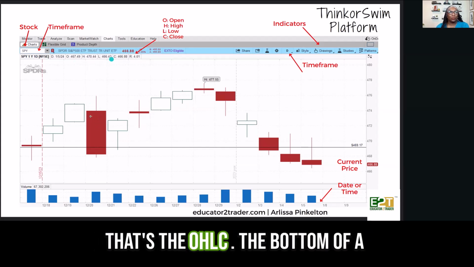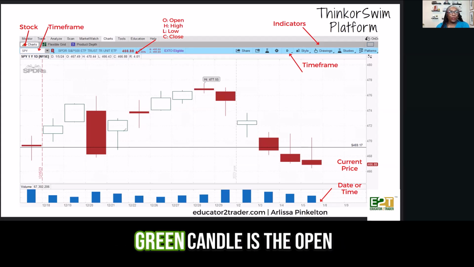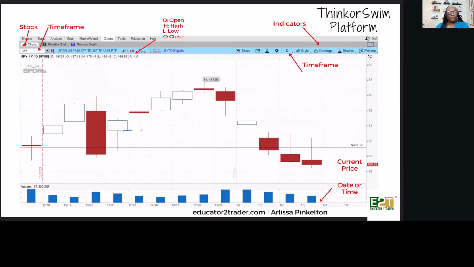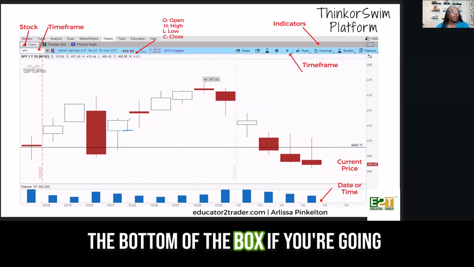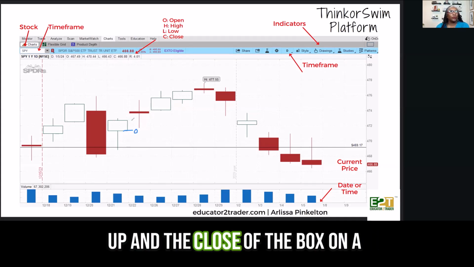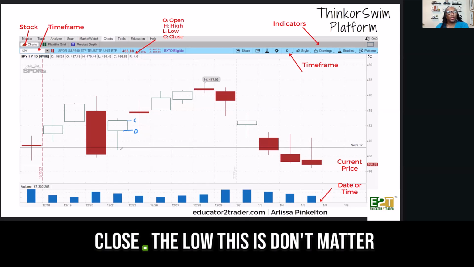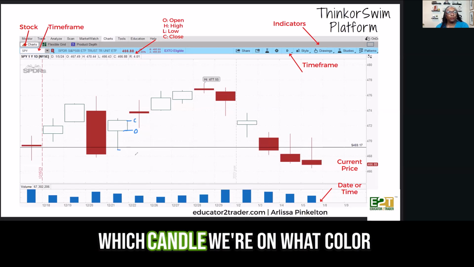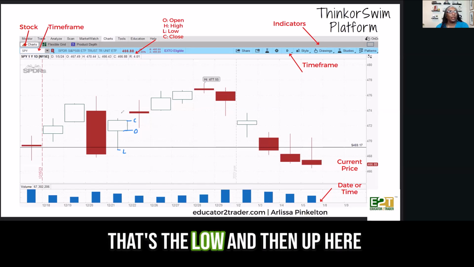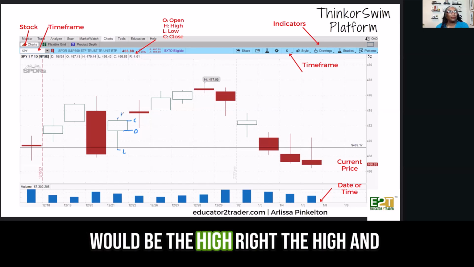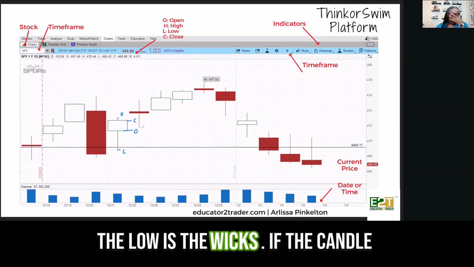That's the OHLC. The bottom of a green candle is the open. The bottom of the box, if you're going up, and the top of the box on a green candle would be the close. The low, no matter which candle we're on, what color, that's the low. And then up here would be the high. The high and the low are the wicks.